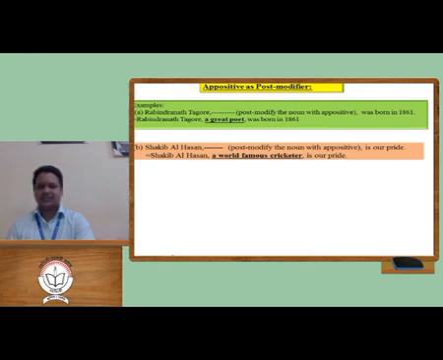Saqib al-Hasan, a world famous cricketer, is our pride. So a world famous cricketer is an appositive that describes Saqib al-Hasan after citing the noun. That's why a world famous cricketer is an appositive here.